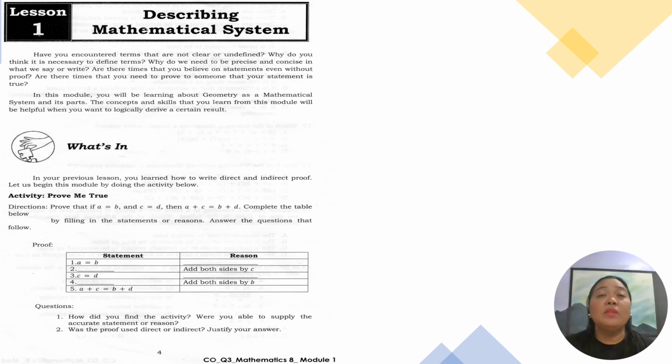When we prove a certain statement, you need to use direct proof or indirect proof. What is direct proof? What is indirect proof? For direct proof, we need a two-column form.